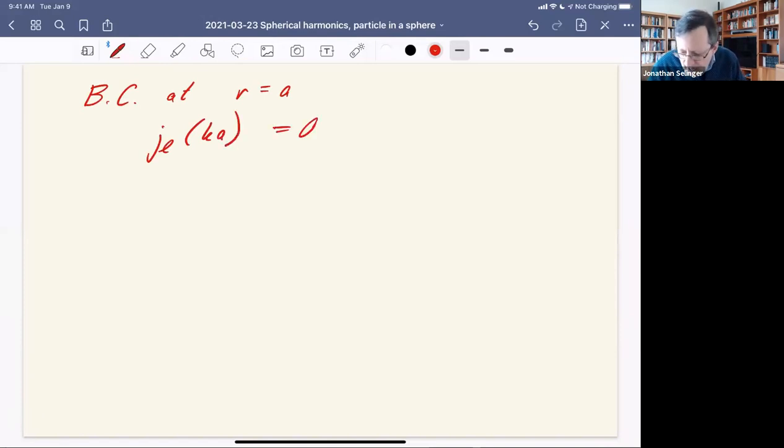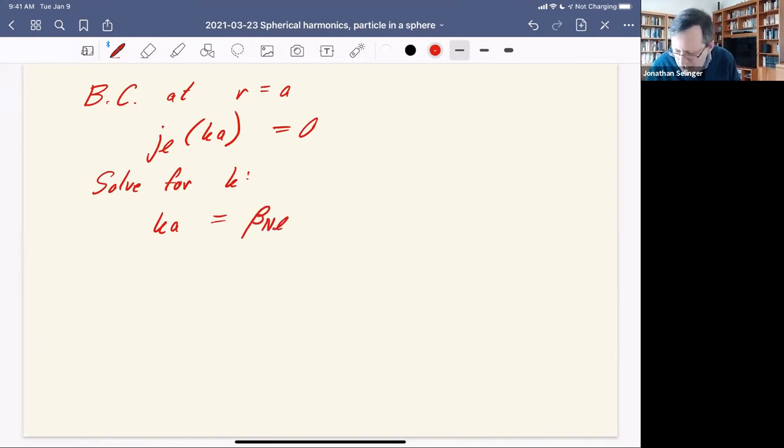That is, when you plug ka into the spherical Bessel function j sub L, you have to get 0. We want to solve this for k. How do we do that? Well, ka has to be equal to a certain place where the Bessel function crosses 0.